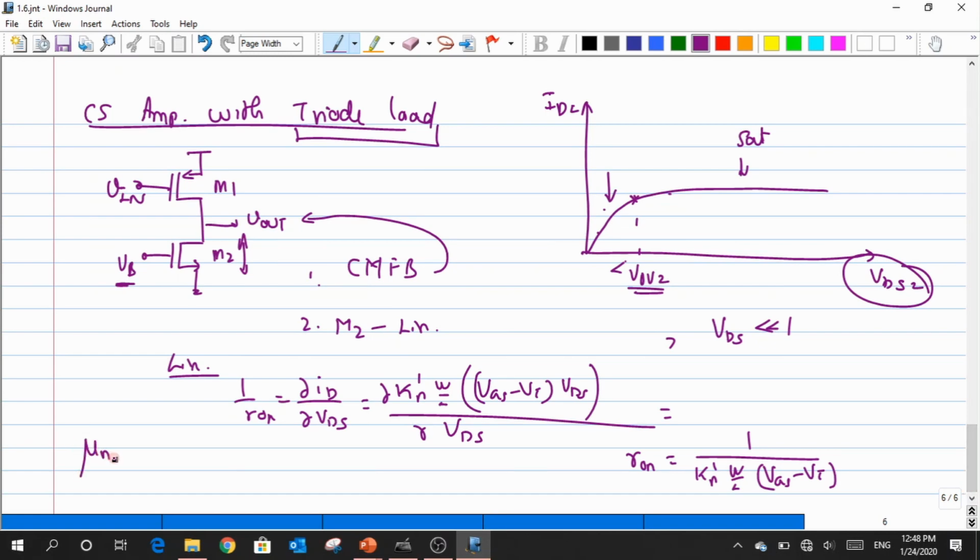When you see the mobility, threshold voltage, all of these parameters in general vary with respect to the temperature. Also within the wafer itself it has variations. So I cannot precisely control those values. Say for example, through this Ron I need a resistance value of 20K.